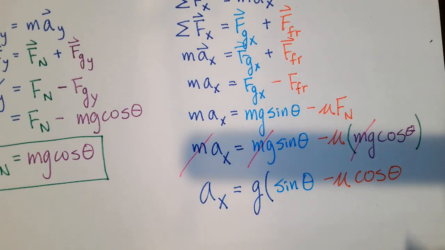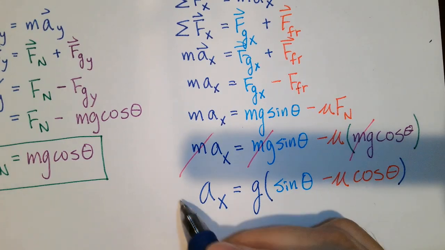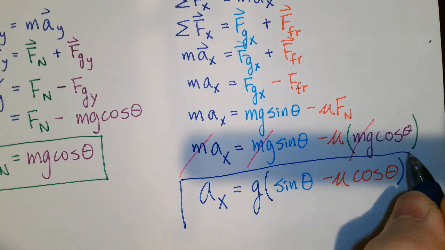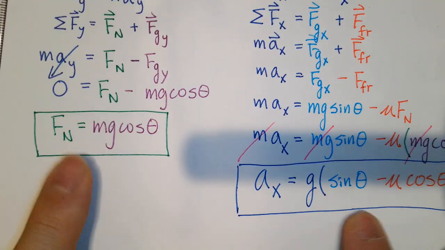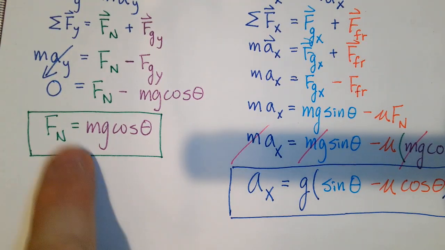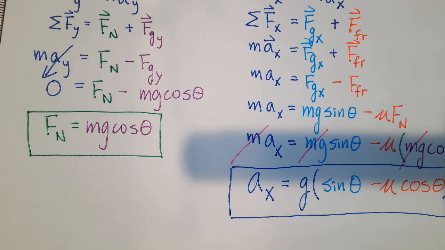Okay? Again, this is not a general equation that you have to memorize. Don't memorize these, okay? You have to derive these equations every time you have a problem to solve. They're not always going to be the same like this.